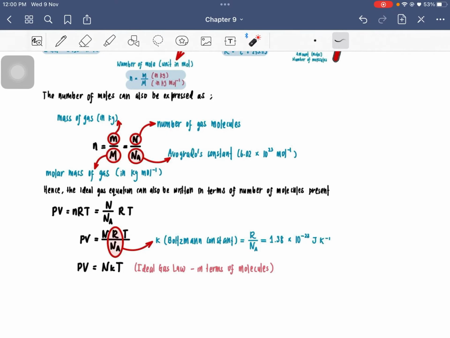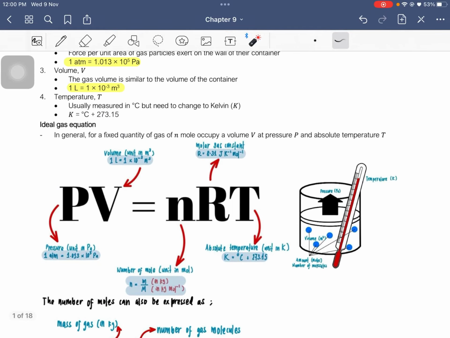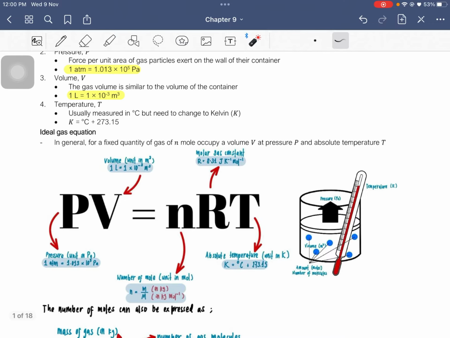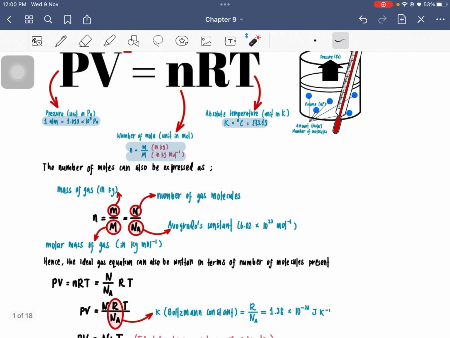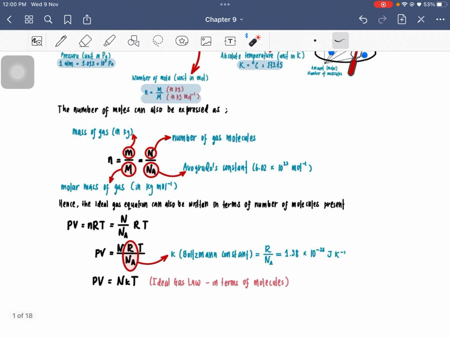So the ideal gas equation from PV equal to nRT can also be written as this equation here. So after you substitute there, you will get PV equal to NkT. So what is k? k is our Boltzmann's constant. The Boltzmann constant we get from the molar gas constant divided by the Avogadro constant.